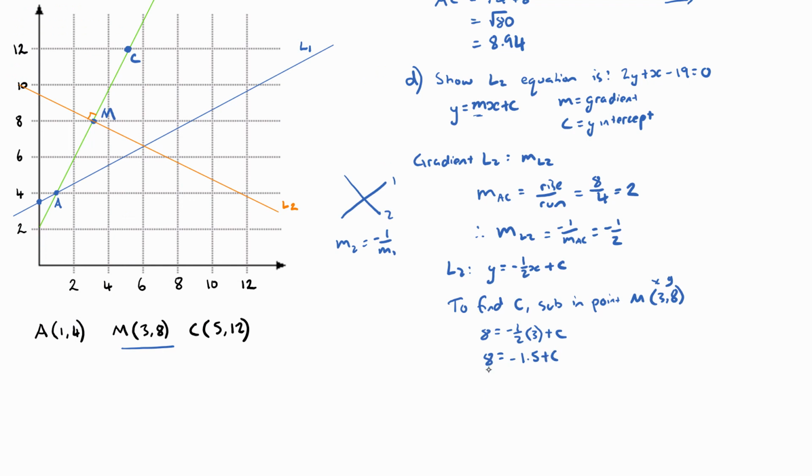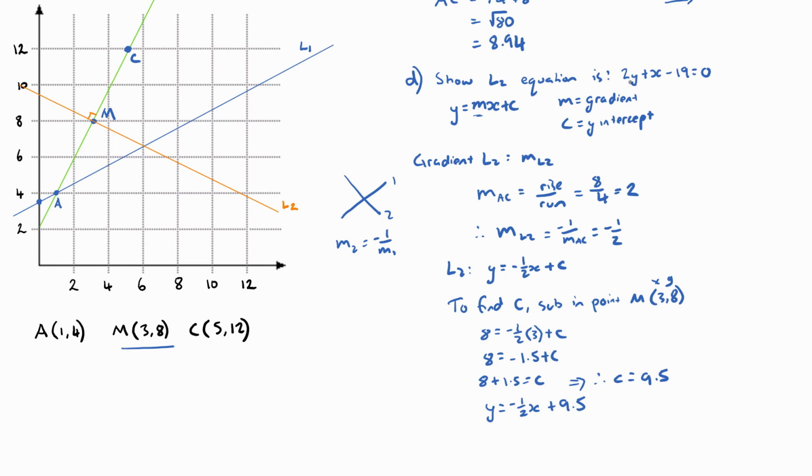Now I'll take the negative 1.5 over to the left. 8 plus 1.5 is equal to c. So therefore, c is equal to 9.5. Good. So now we have the gradient and the c value, plus 9.5.